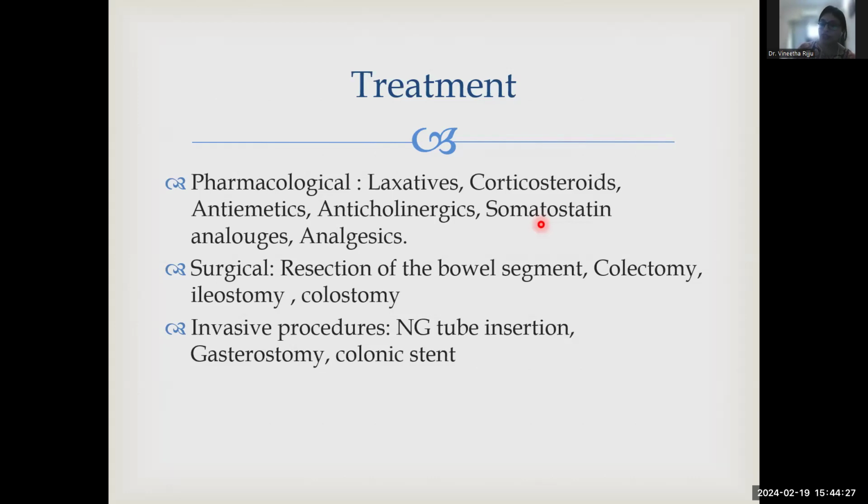If you want to, you can run it over like 10 minutes. This can be given IV once daily for 3 or 4 days. Okay, that is how we manage.